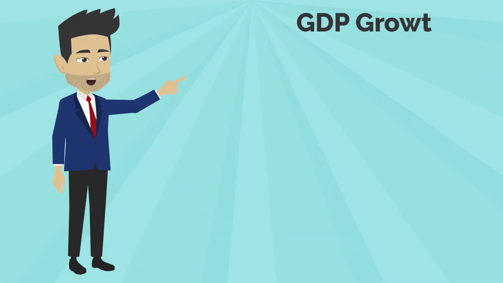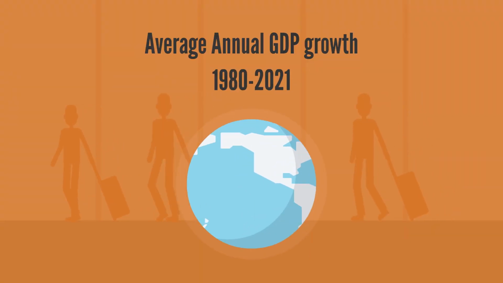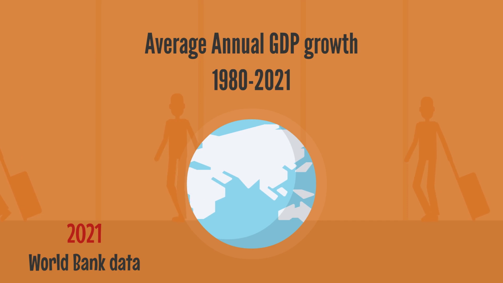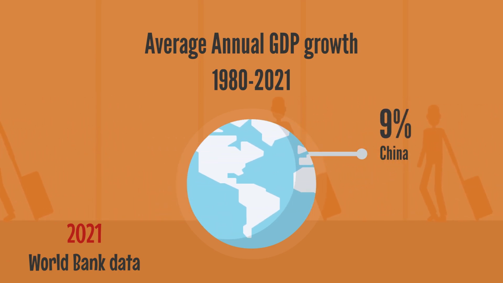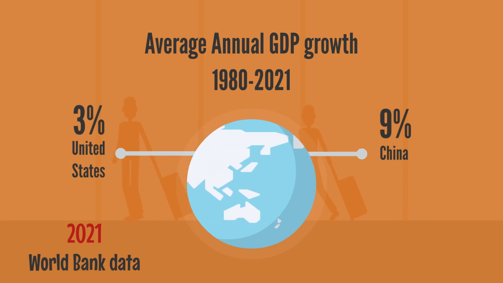China has experienced remarkable economic growth over the past few decades, consistently outpacing the growth rates of the United States. From 1980 until 2021, China experienced rapid economic growth, with its average annual GDP growth rate being 9%, whereas the United States averaged 3% during the same period.